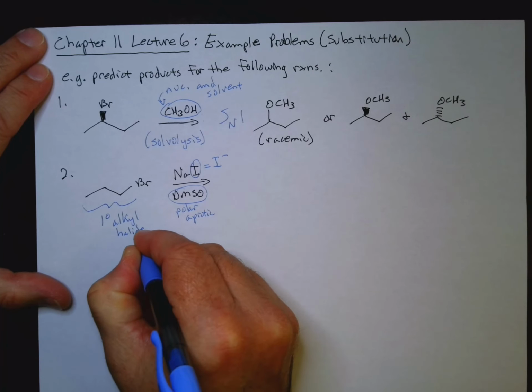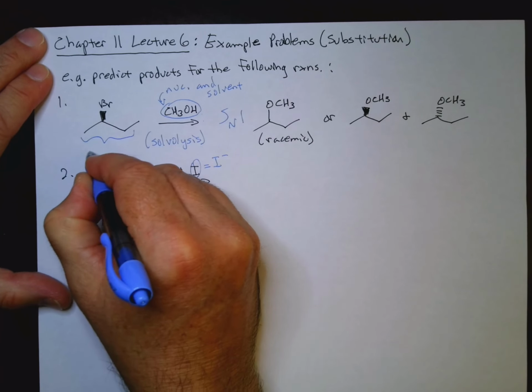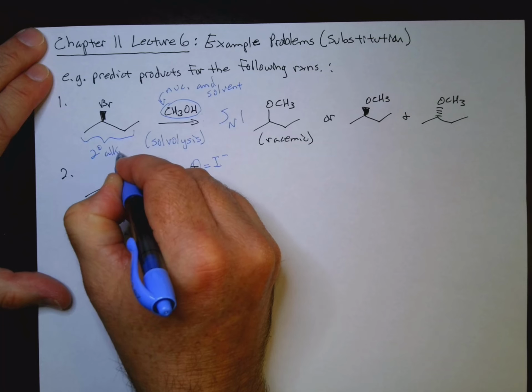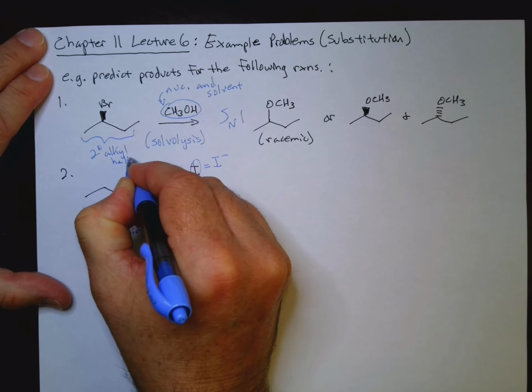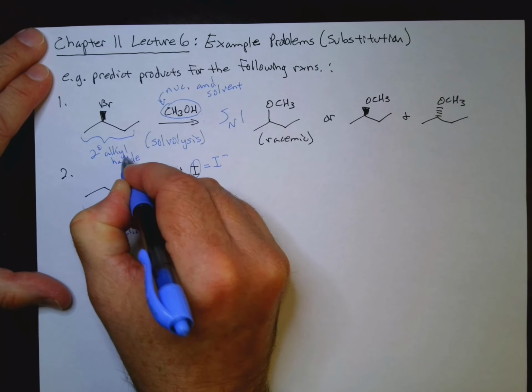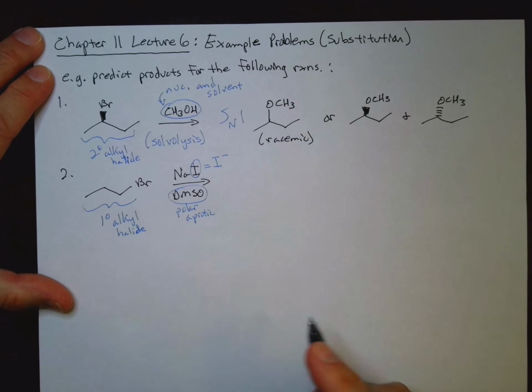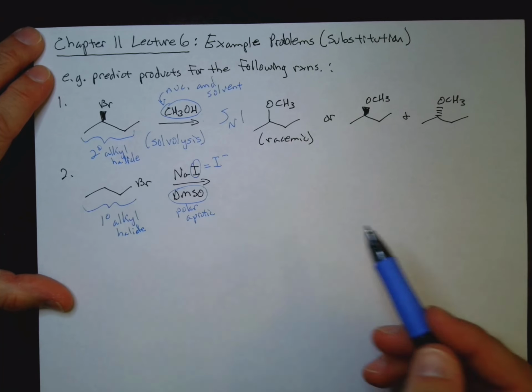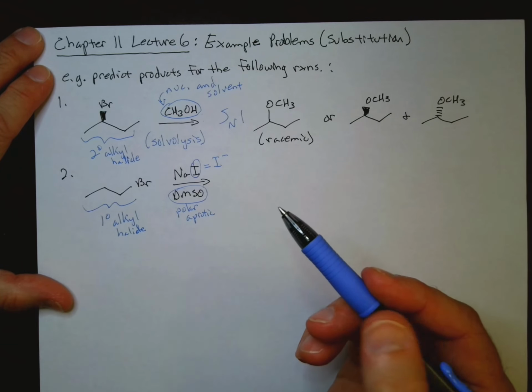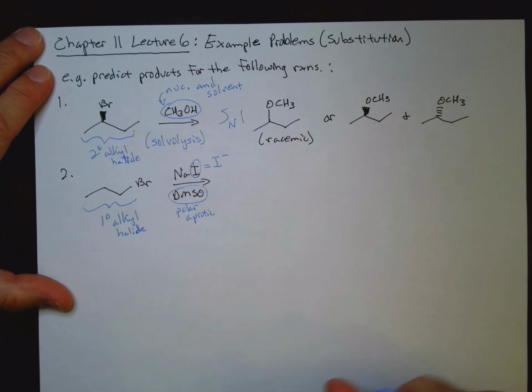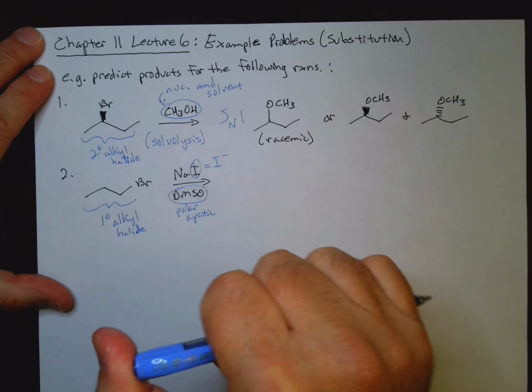One thing I didn't mention is that in the first problem we had a secondary alkyl halide. If we had a primary alkyl halide, getting an SN1 would be trickier. So here's a primary alkyl halide, polar aprotic solvent, good nucleophile. We're probably going to get SN2.